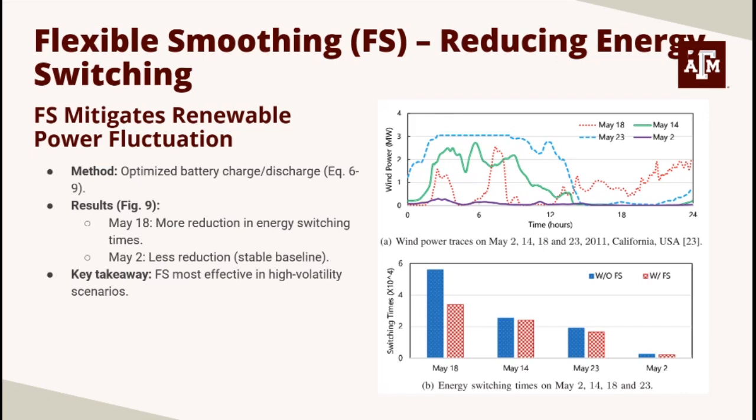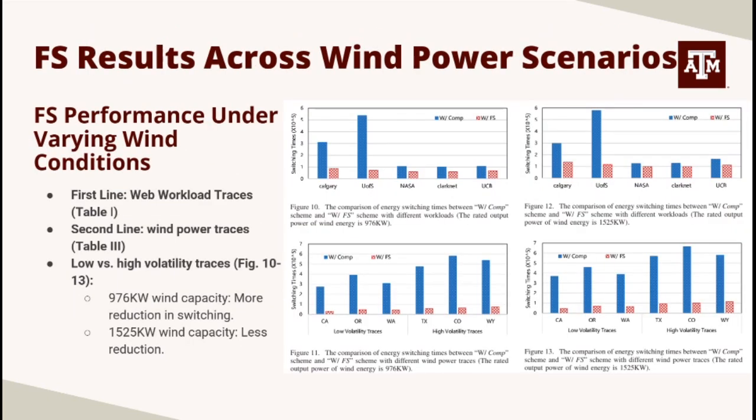Scaling up wind capacity further validated our results, with 976 kilowatts of installed wind power, flexible smoothing cut energy switching with a bigger reduction. At 1525 kilowatts, the reduction is less.